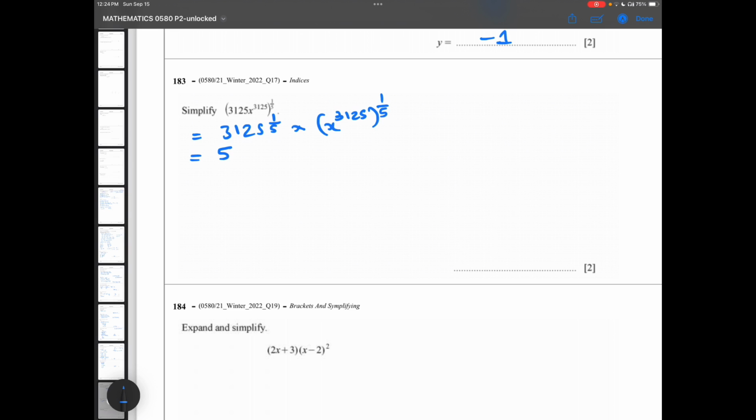So I will write 5 to the power 5 in place of 3125, into x, and these two powers are being multiplied with each other. We have power 1 upon 5 on 3125. So whenever we get power on power, according to the law, we multiply the powers.